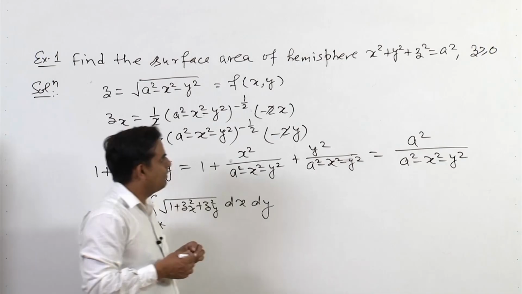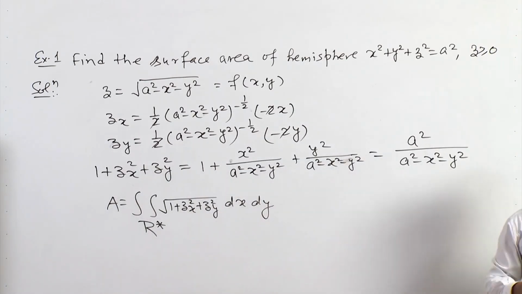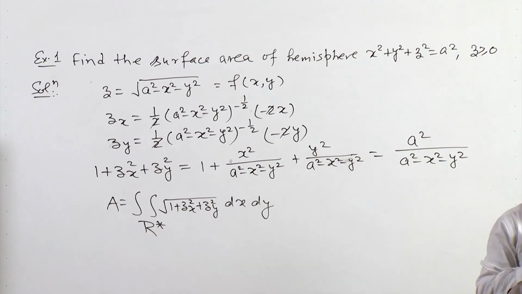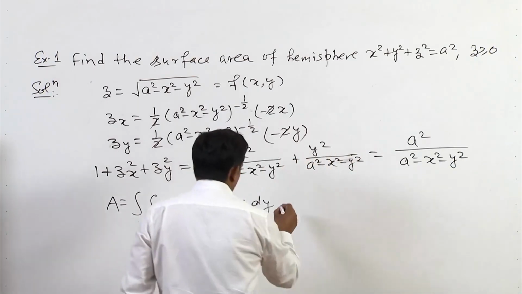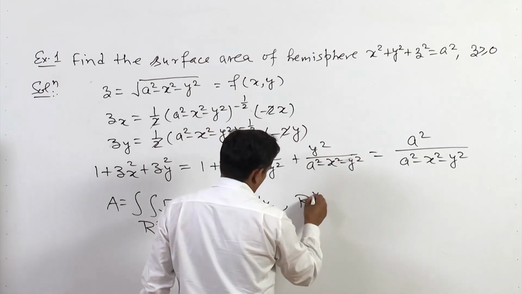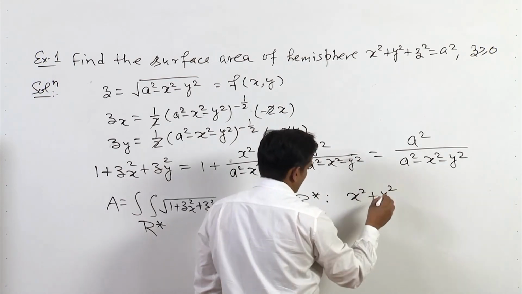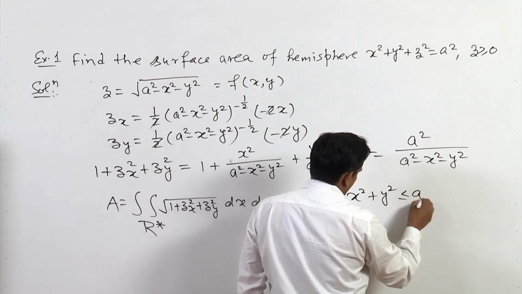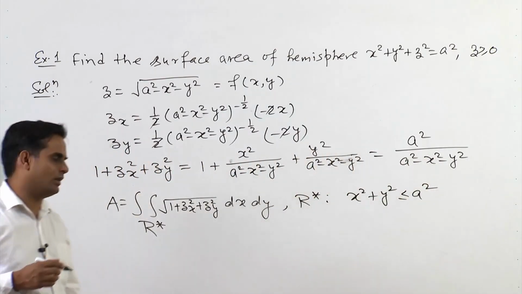So when I project this hemisphere on the xy plane, it will become a circle of radius a, centered at 0 0. So here r star is given by x square plus y square less than or equal to a square.